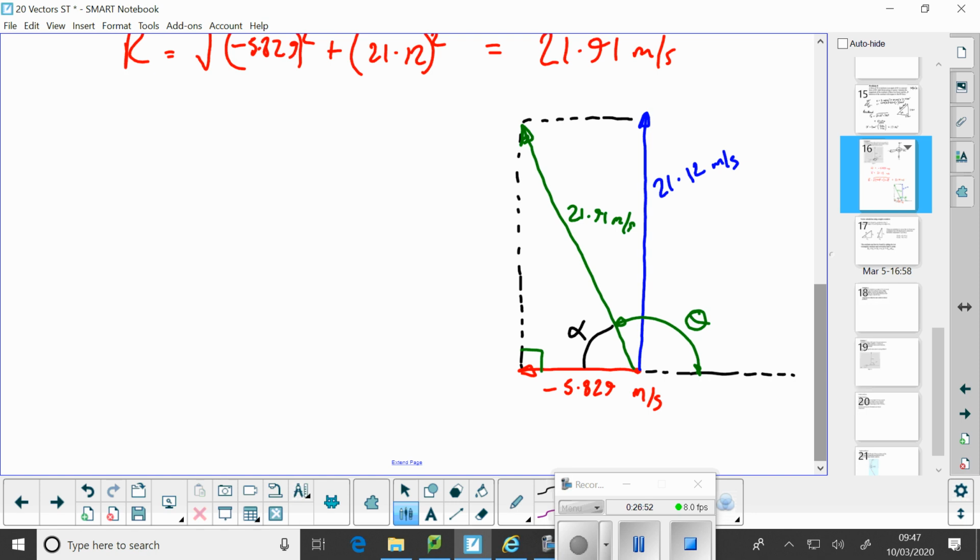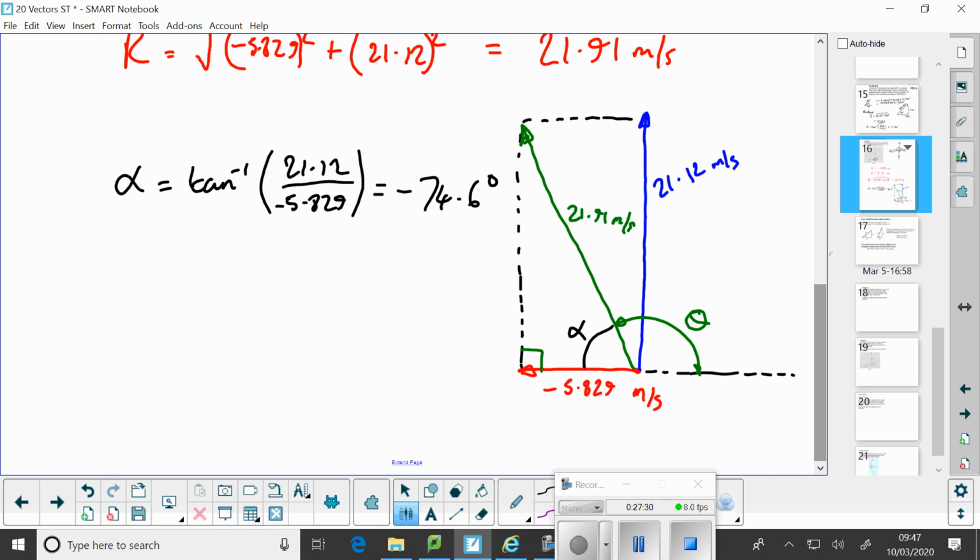So alpha is equal to tan to the minus 1 of 21.12 over 5.839, and that comes out, if you put the negative sign in there, at minus 74.6 degrees.